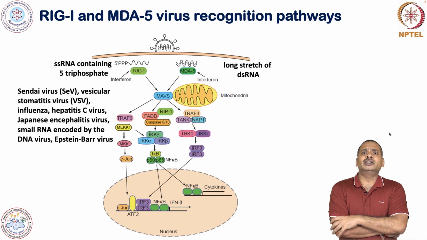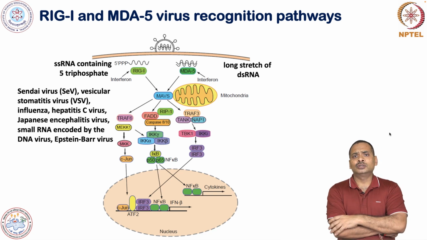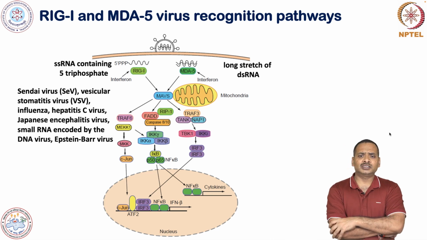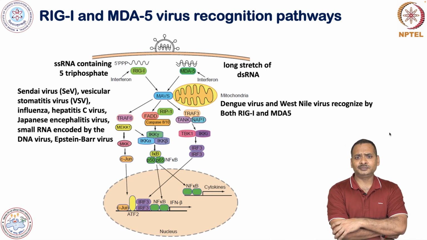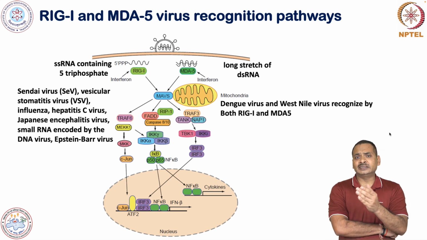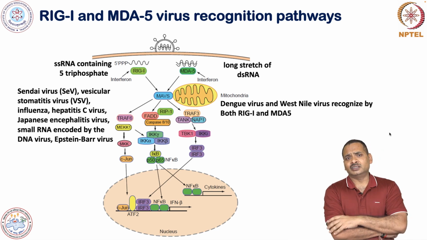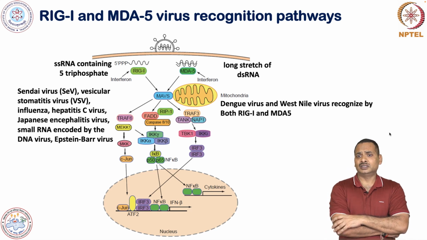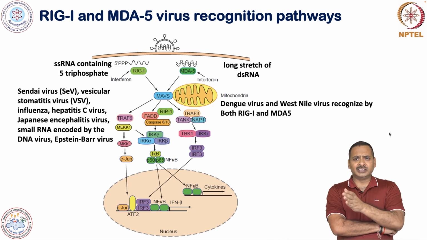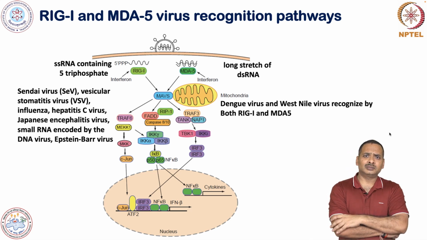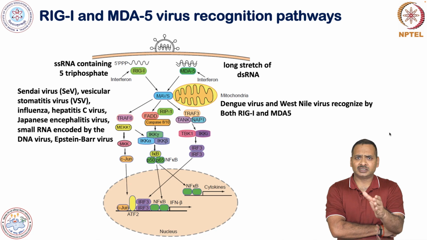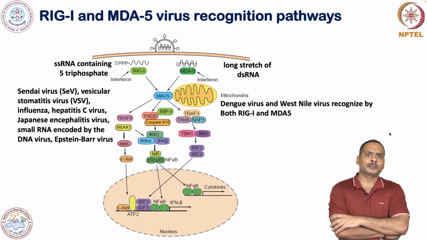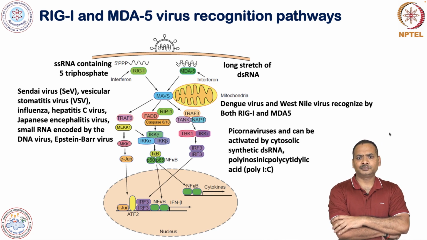You know that MDA5 also senses RNA molecules, basically long stretches of double stranded RNA, and it can sense the dengue virus and West Nile virus. Basically these two sensors, RIG-I and MDA5, sense these viruses, dengue as well as West Nile virus.